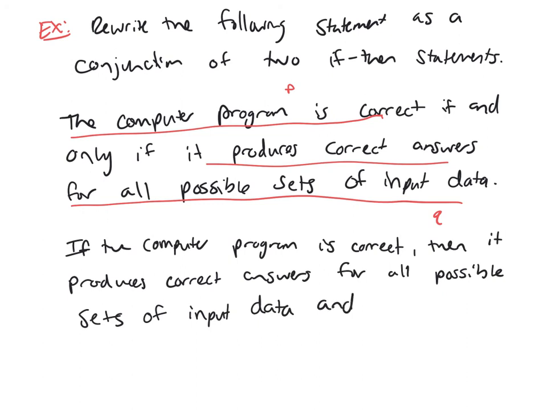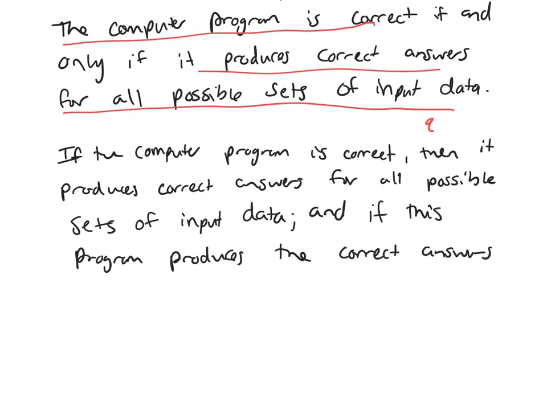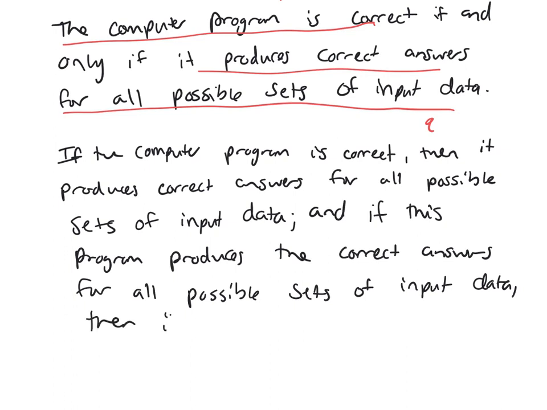And so here's our conjunction. And now you're going to write the converse of this statement. If Q, then P. And if this program produces the correct answers for all possible sets of input data, then it is correct.